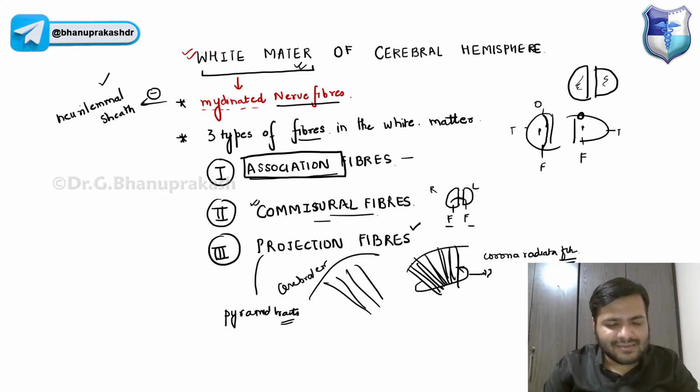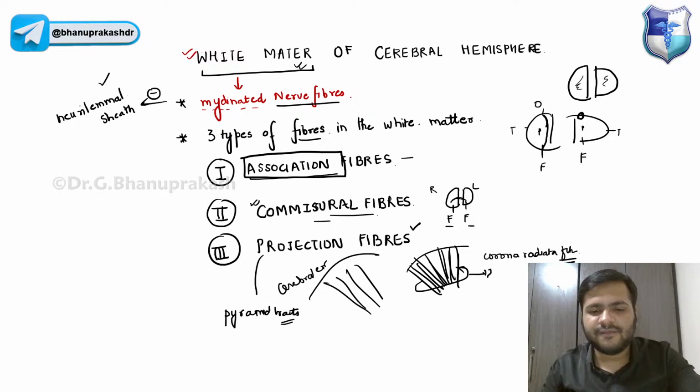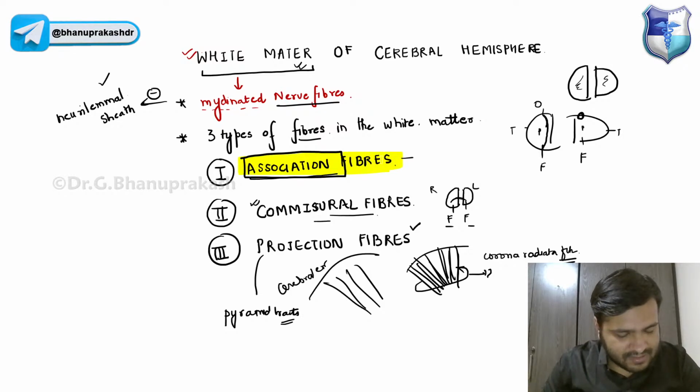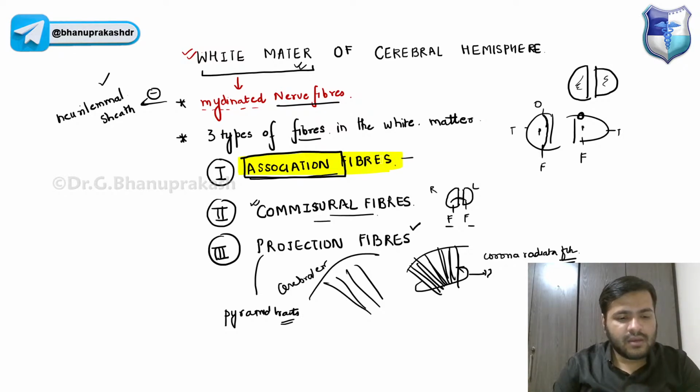So let us try to discuss it one by one. Now we are going to discuss the very first one, that is the association fibers. Let us start with the association fibers, guys. I hope the classification is clear to everyone, guys.